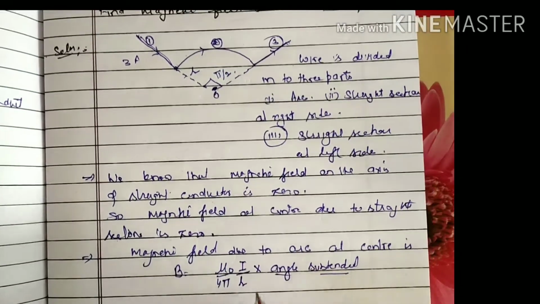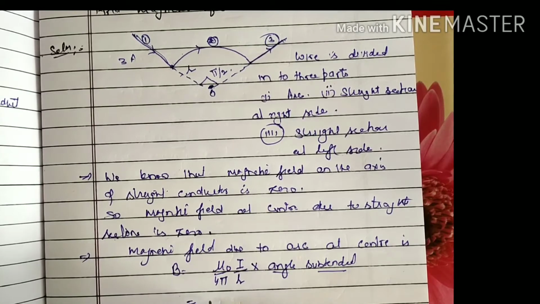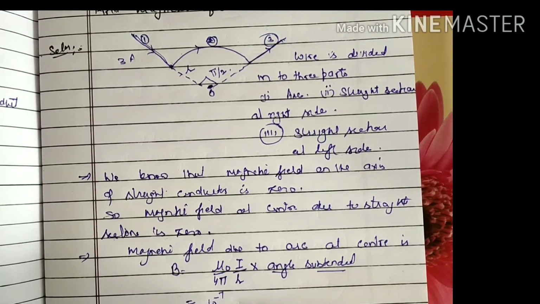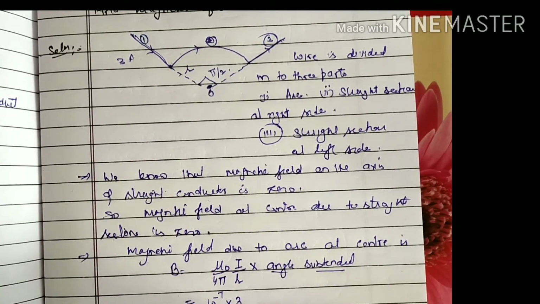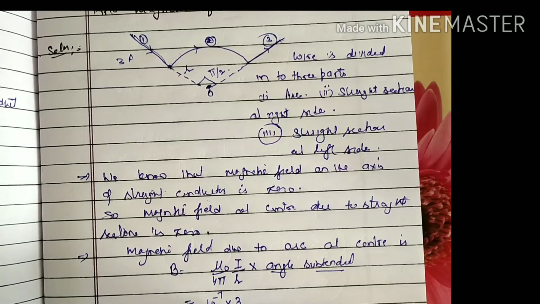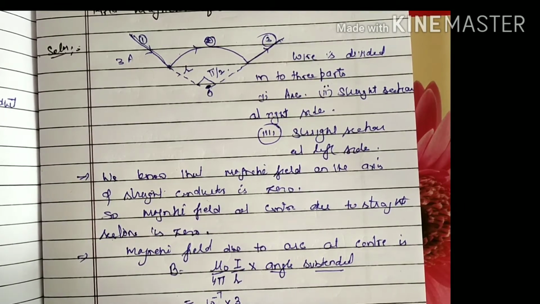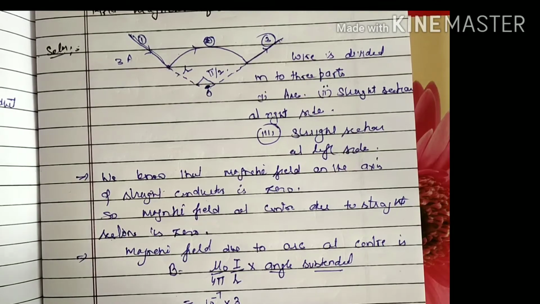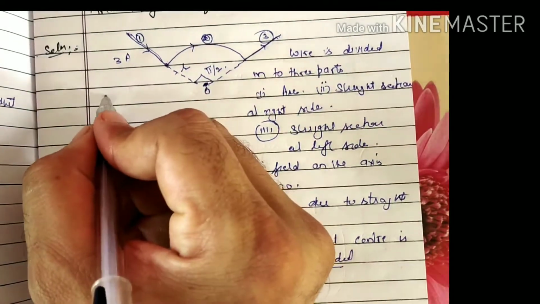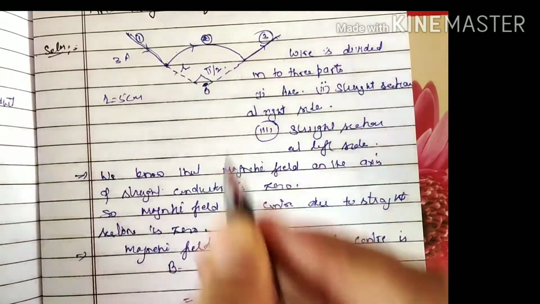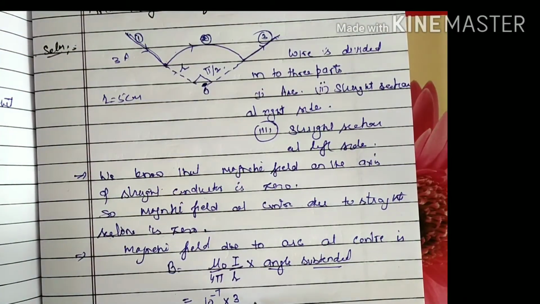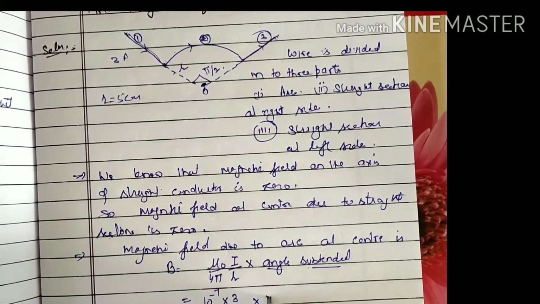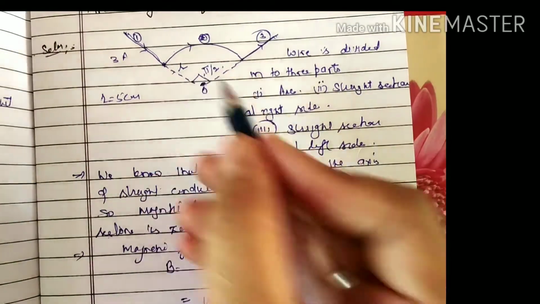This formula we already know. So mu naught upon 4 pi, you know that is 10 raised to power minus 7. The value of the current is 3 ampere and radius is given 5 centimeter, 5 into 10 raised to power minus 2, because radius is in centimeter, and angle is pi by 2.